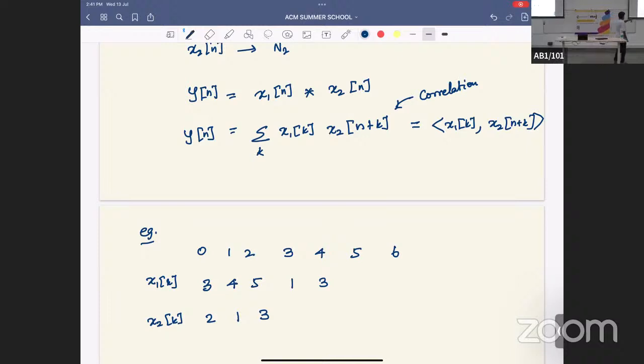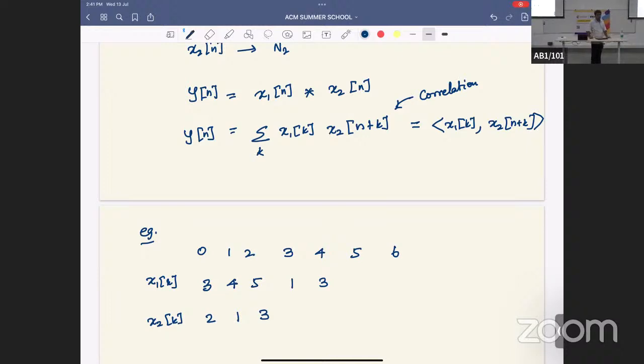Now if you see this, n is the shift, right? If n is positive, which direction will you push this x2 of k? To the right or to the left?